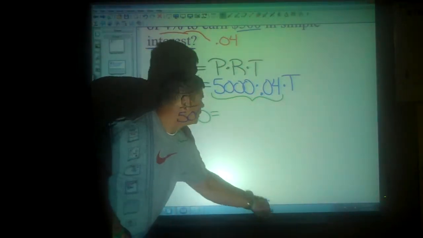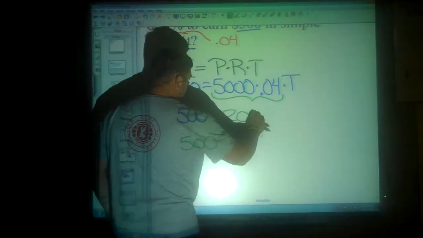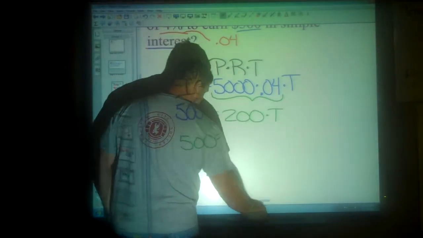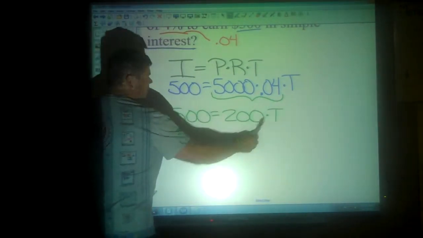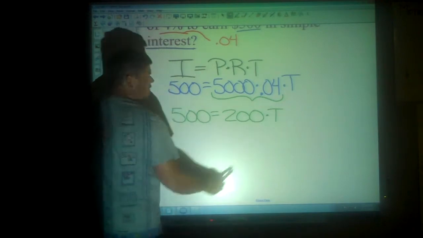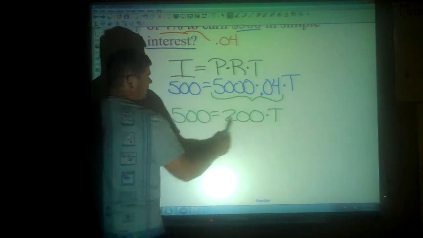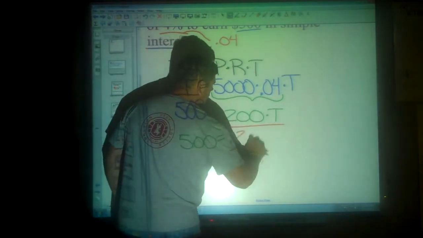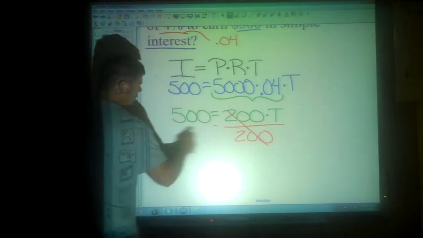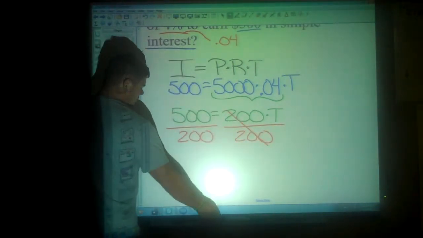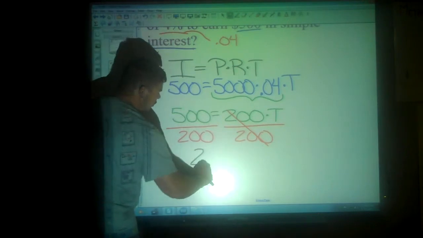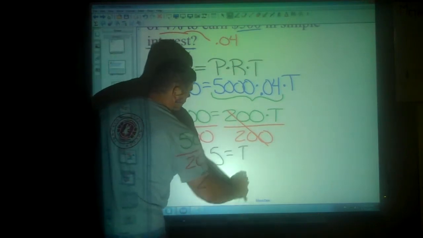We now know that we have 200 times t. Now 200 times 1 is only 200. 200 times 2 is 400. 200 times something makes 500. Divide both sides by 200, which is a little advanced for what we're doing, and you get 2.5 equals t.